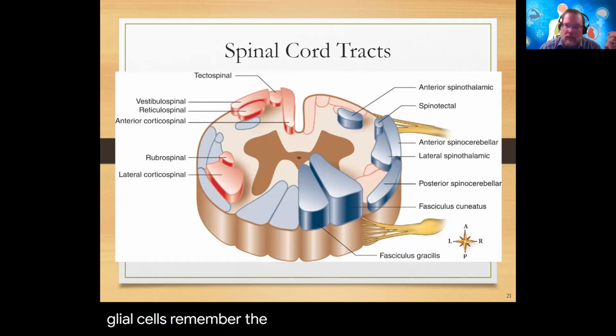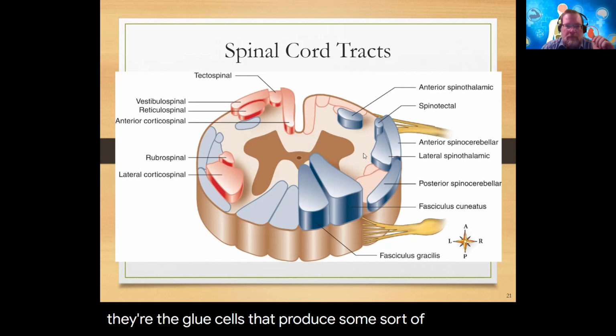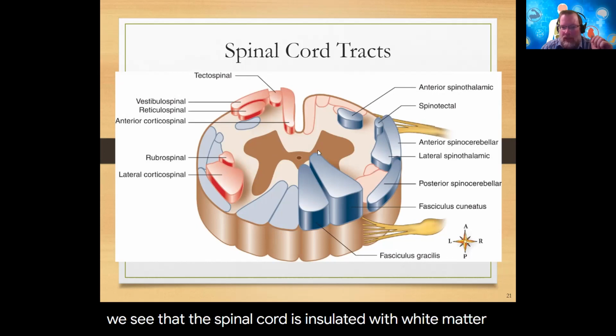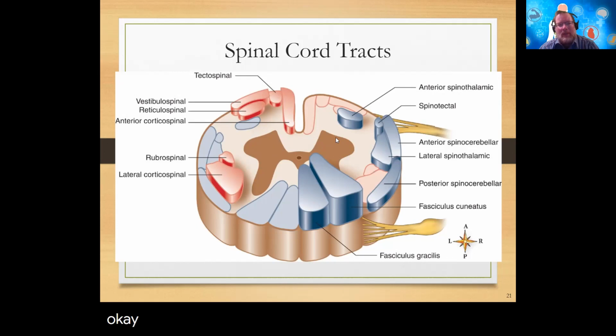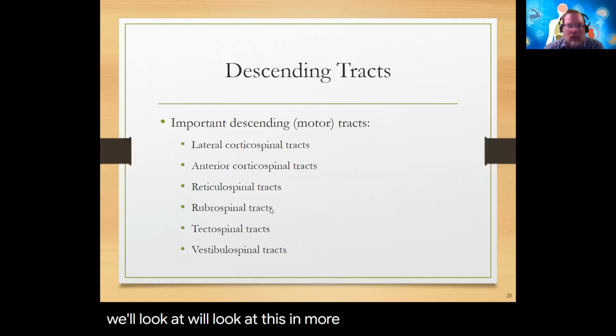Remember, the two types of cells in nervous tissue were neurons and glial cells. Glial cells oftentimes are the glue cells that produce some sort of insulator. So we see that the spinal cord is insulated with white matter, and then we can see some gray matter on the inside here. This is the anterior and the posterior aspects. We'll look at this in more detail in just a second.